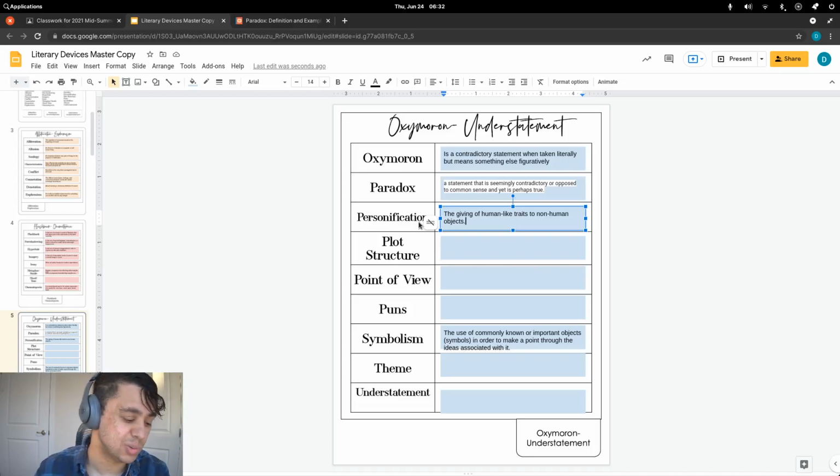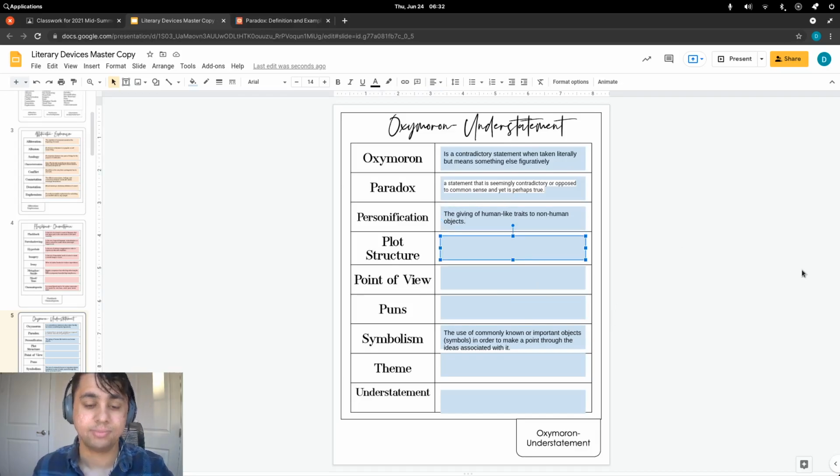So, for instance, when you say that your dog yelled at you, dogs don't yell at anyone. Your dog's not trying to make intelligent speech towards you when it barks at you. But when you say it yelled at you, you are personifying it. You're giving it a person-like quality, even though it's not inanimate, it's not human, so we can personify it.